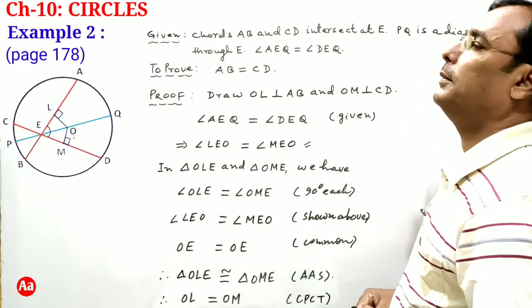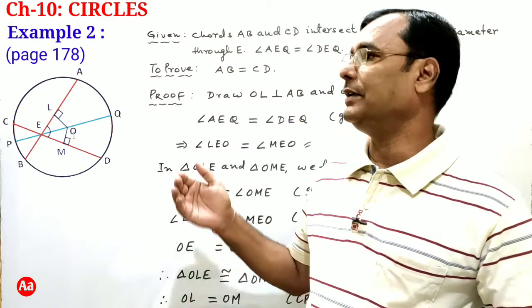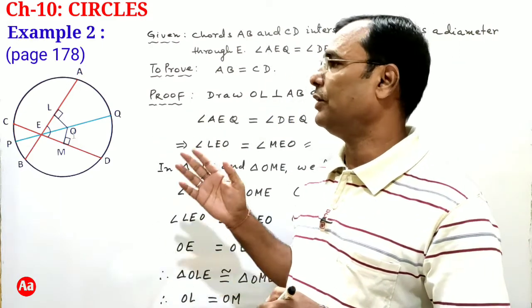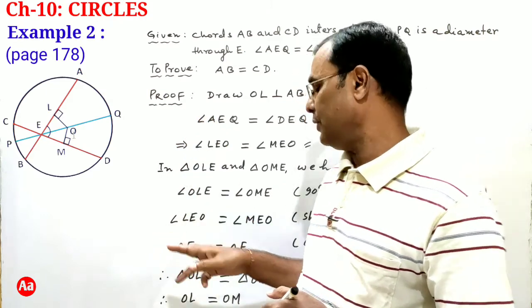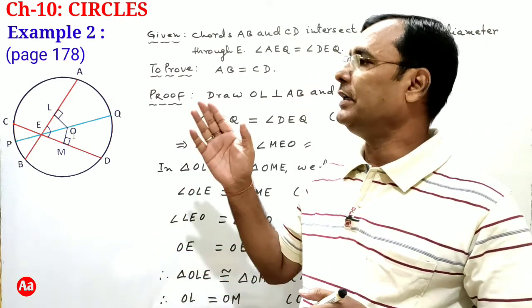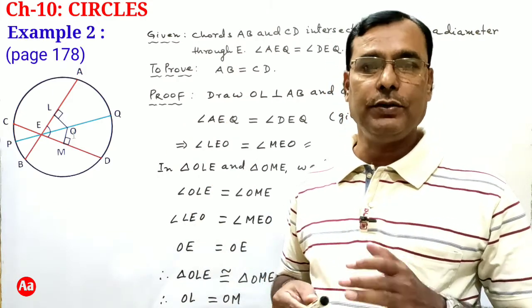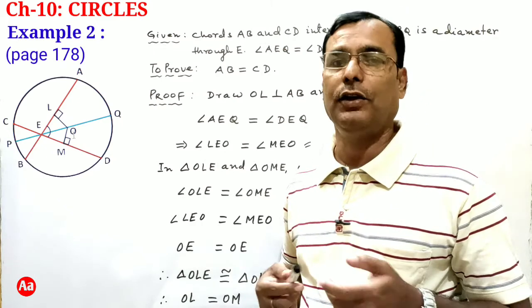OL and OM are distances of the chords AB and CD from the center of the circle O, and OL is equal to OM proves that chords AB and CD are equidistant, and equidistant chords are equal.